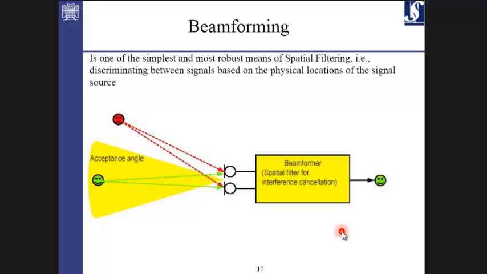It means filtering the entire space in such a way that only signals coming from this direction are given a high gain, and for all the signals coming from any other directions, we try to null them. Okay? So, giving the highest possible gain to the desired direction and nullifying all the signals coming from any direction other than the one that we desire. That's called the beamforming system.